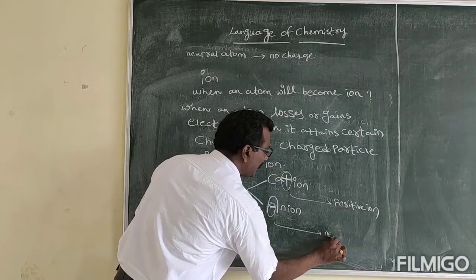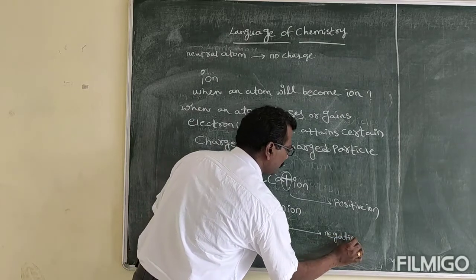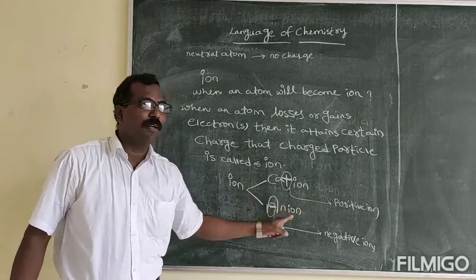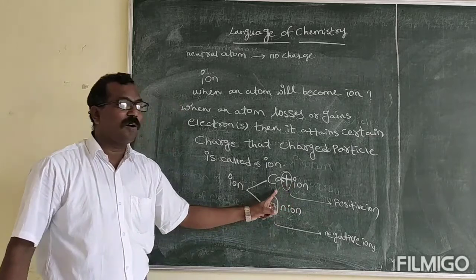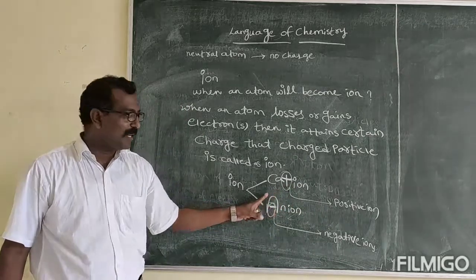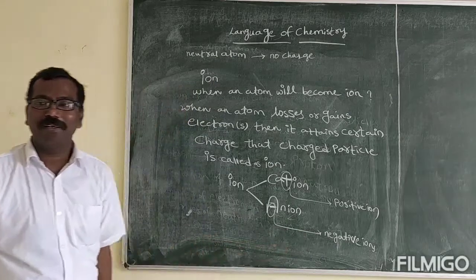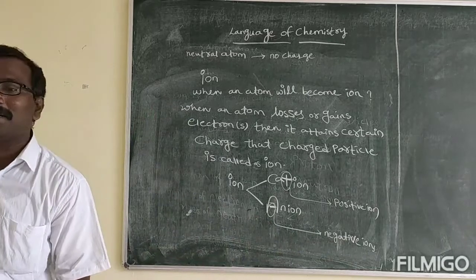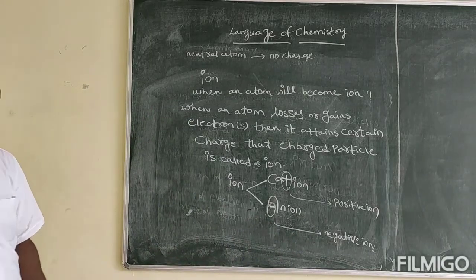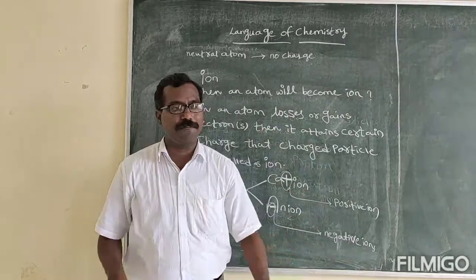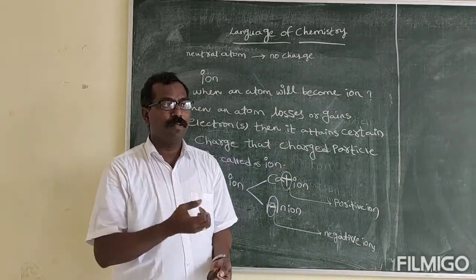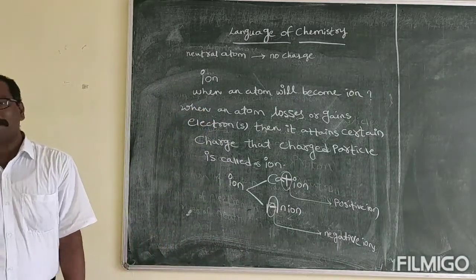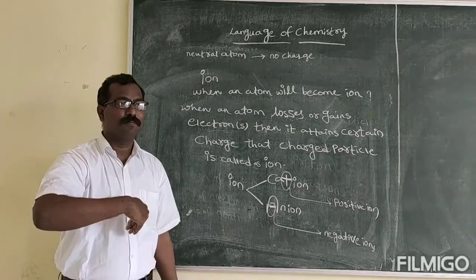One is a positive ion and one is a negative ion. Positive ion is called a cation and negative ion is called an anion. Then when does an atom become a cation and when does an atom become an anion? In our general life, for what purpose do we use the word gain? Gain means take it.